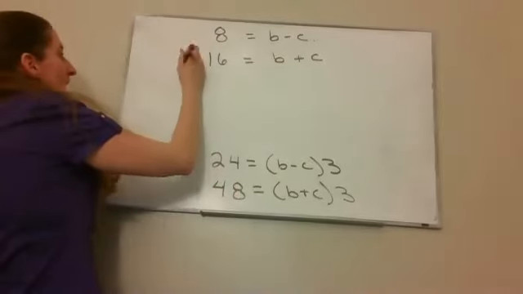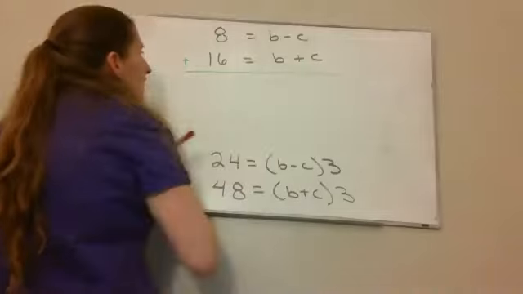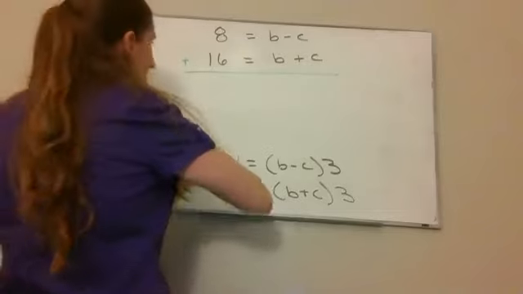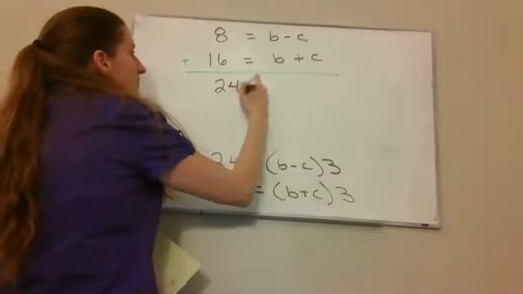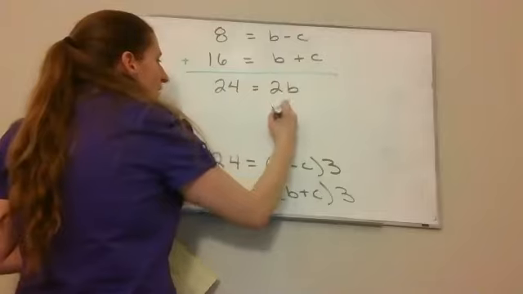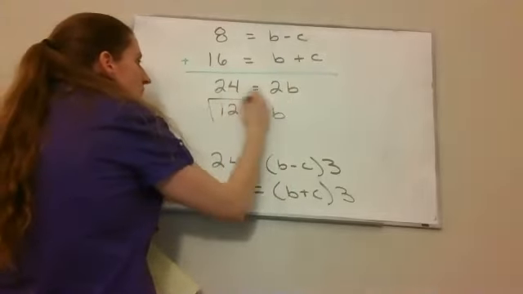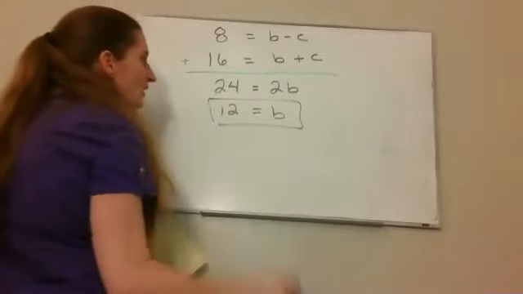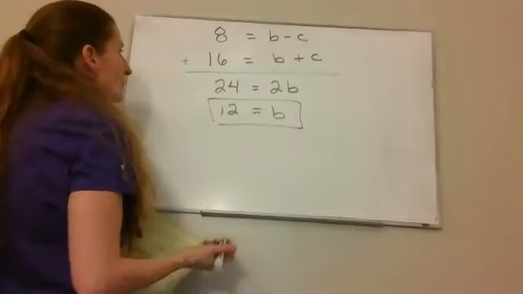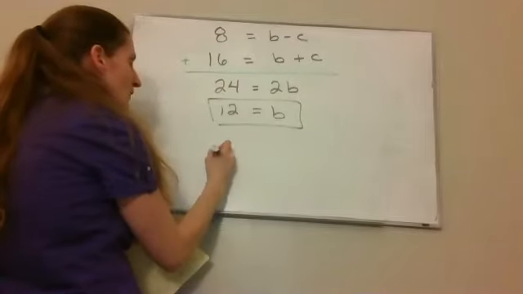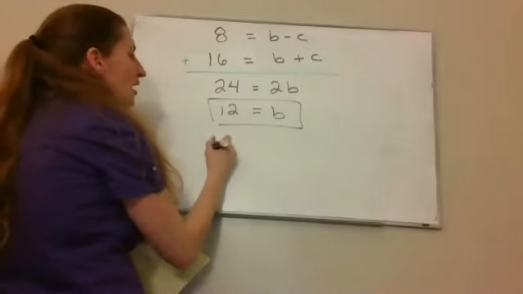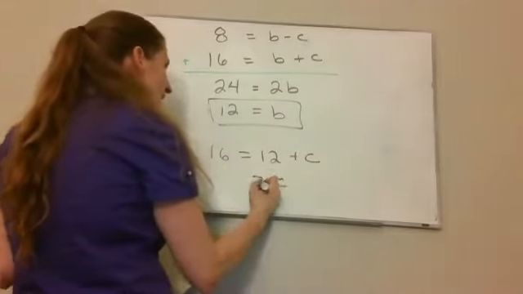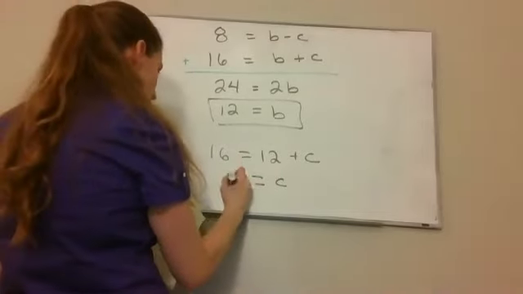So let's go ahead and just add the two equations together and get 24 equals 2B, which means B is 12. Then to find C, I just have to plug that into one of my equations, and it doesn't matter which one. So let's use the bottom one. 16 equals 12 plus C. So that means C is equal to 4.